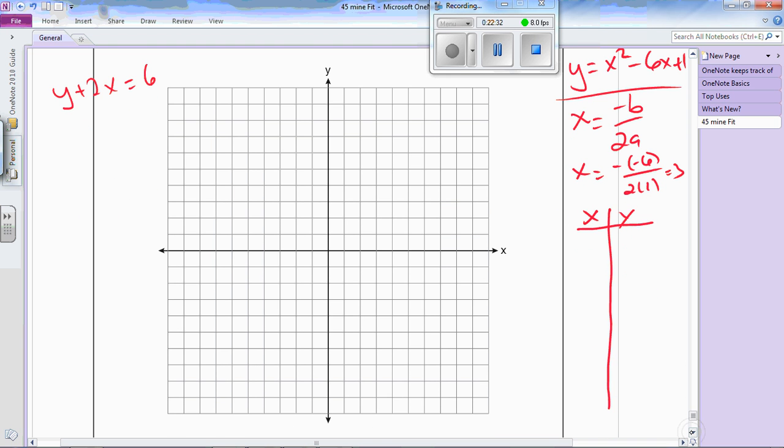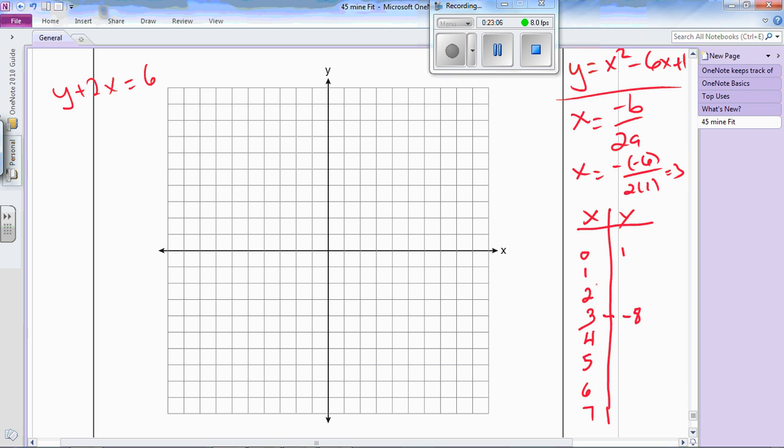Let's see if I can get this in my head. 3 is going to be in the middle. 2, 1, 0 is going to be 1. So I'm going to try negative 1 as my smallest, but I'm not really going to do that. 4, 5, 6, 7. Let's do 3. If I plug 3 in, that's 9. 9 minus 18 is negative 9 plus 1 is negative 8.